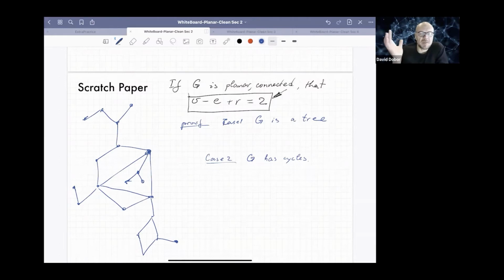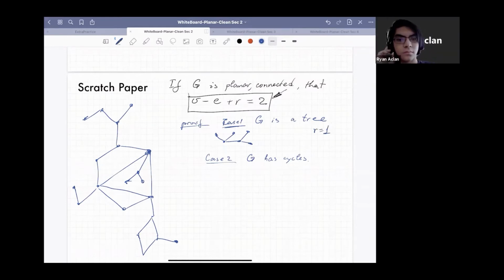Are we all on the same page that these are the only two cases I can possibly have? Well, in the first case, if G is a tree, is this formula true? How many regions does a tree split the plane into?